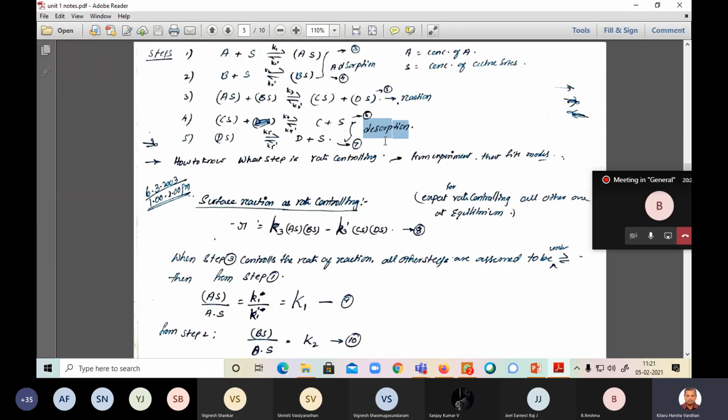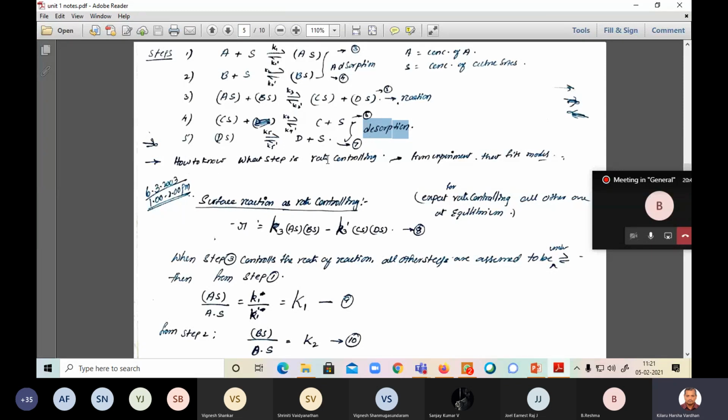Out of these three steps, only one will be controlling the reaction. If you club all three, it comes as a very big equation. So what we do in general analysis is assume one is rate controlling. Based on that, you write the global rate. For any type of catalytic surface, we do the same thing.